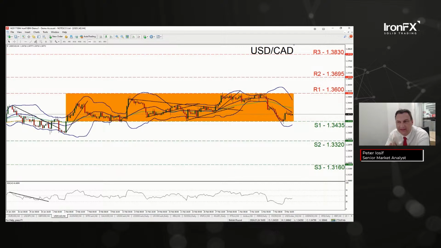But on the other hand, we saw that the employment change figure, which was expected to drop a bit, did not. It actually moved upwards even slightly, which was a positive for the Canadian dollar. So you got some mixed signals there for the Canadian employment market. I do not think that these data will be changing in any way the BOC stance just yet.